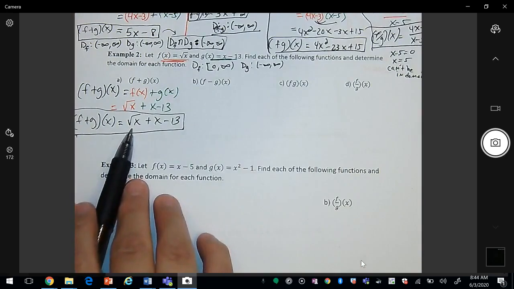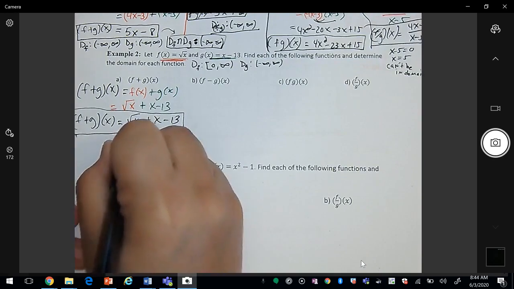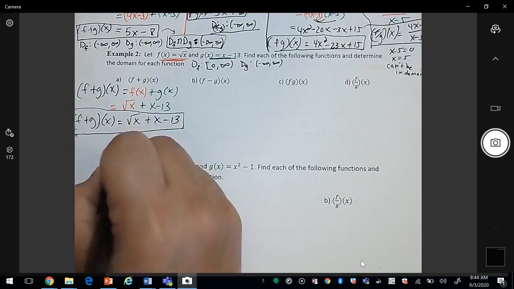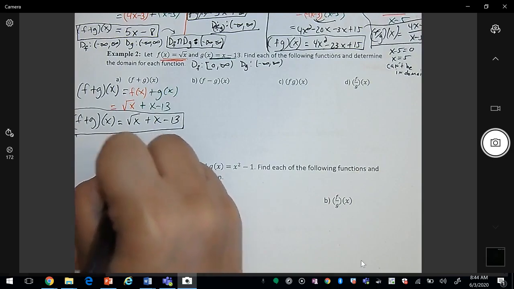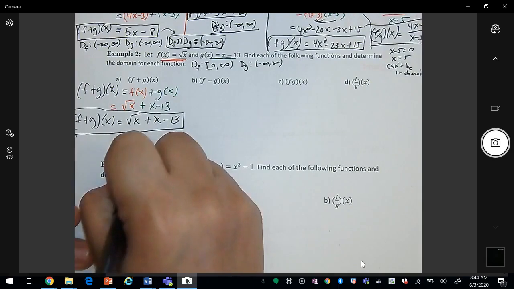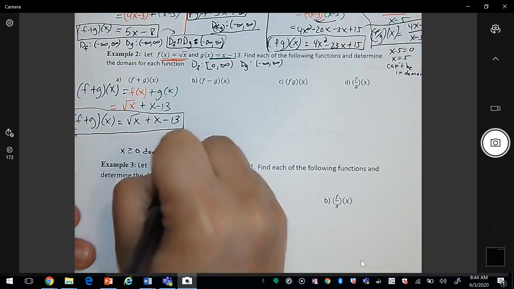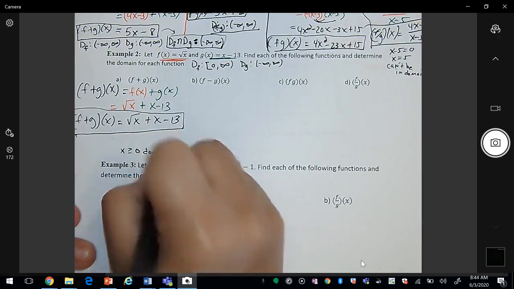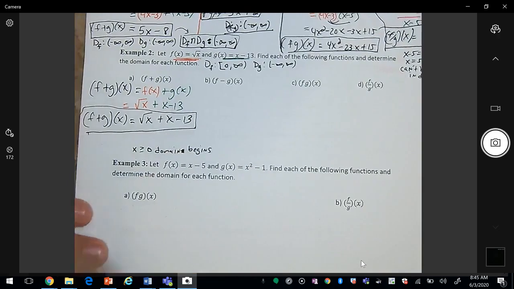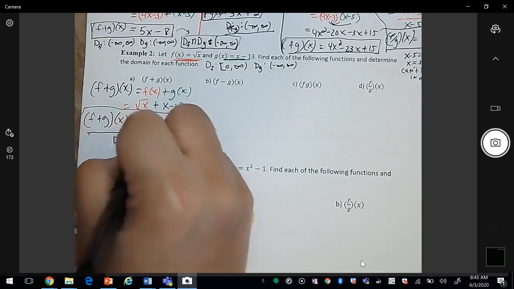And we can see here, since I have a square root of x, then the domain for the square root of x, remember you take the radicand, which is the number inside, or the variable inside, and we set it equal to 0. And at this point, this is where the domain begins. Okay, so my domain is going to be from 0 to infinity.